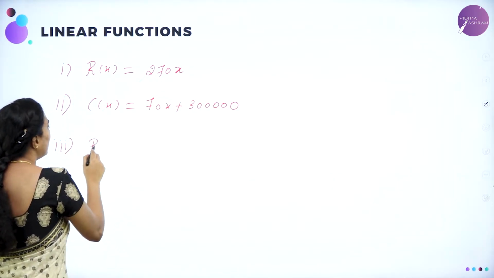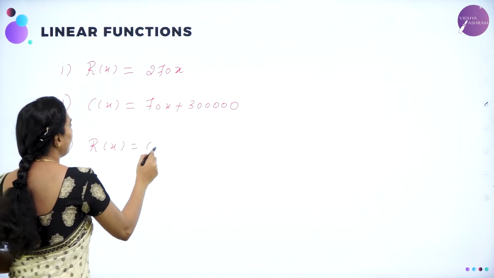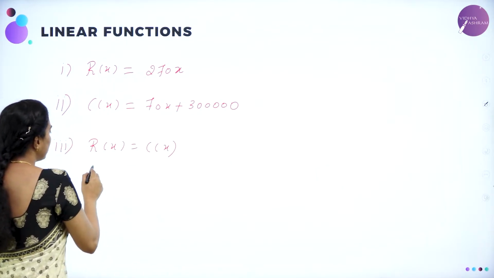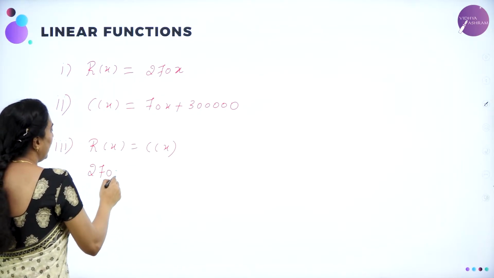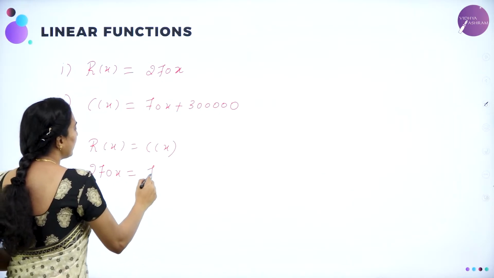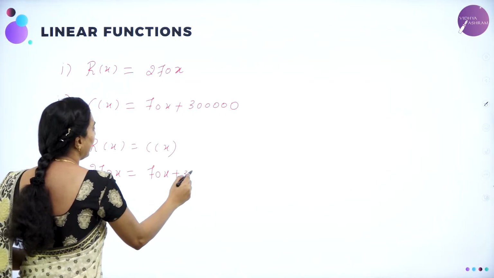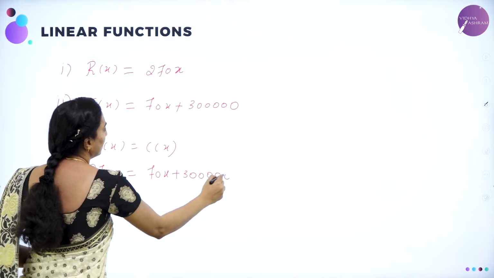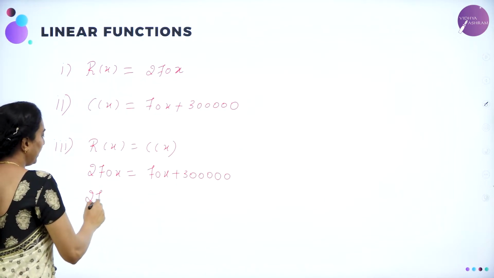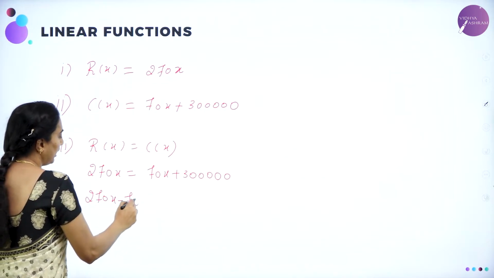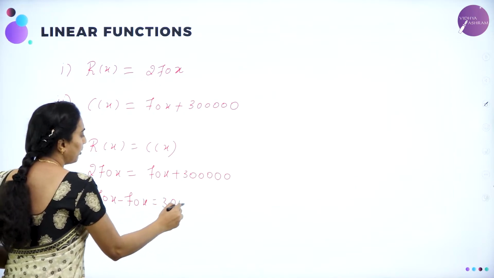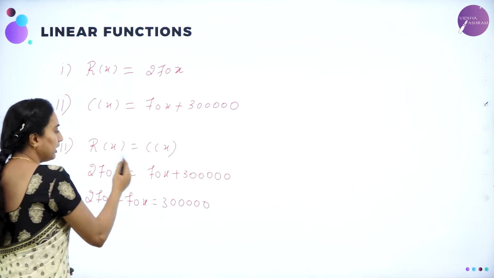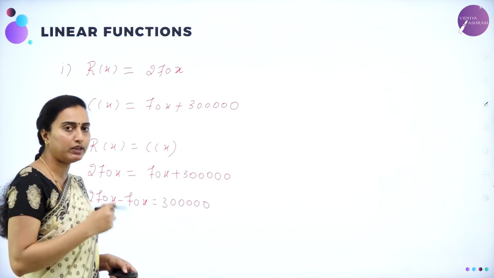Break-even point means whenever R of X is equal to C of X. Now R of x is 270x, which is equal to C of x, 70x plus 3 lakh. Therefore, 270x minus 70x is equal to 3 lakh. What I am doing here, dear students, is bringing 70x to the left hand side, it will become minus.